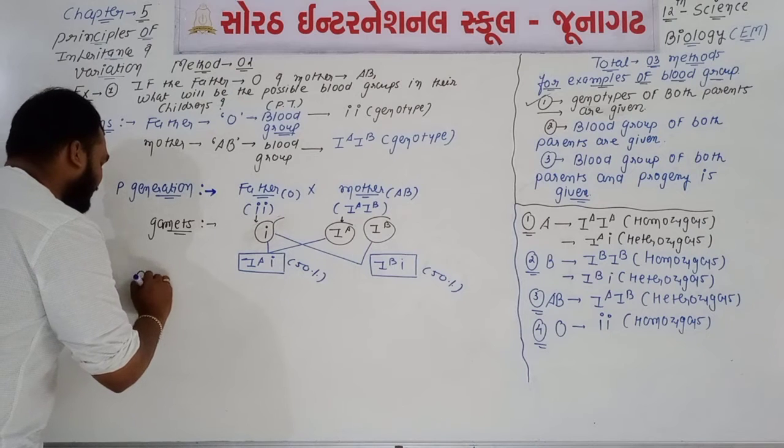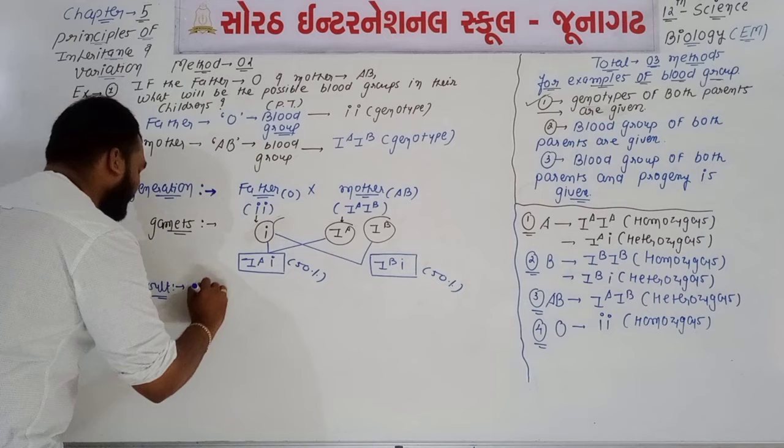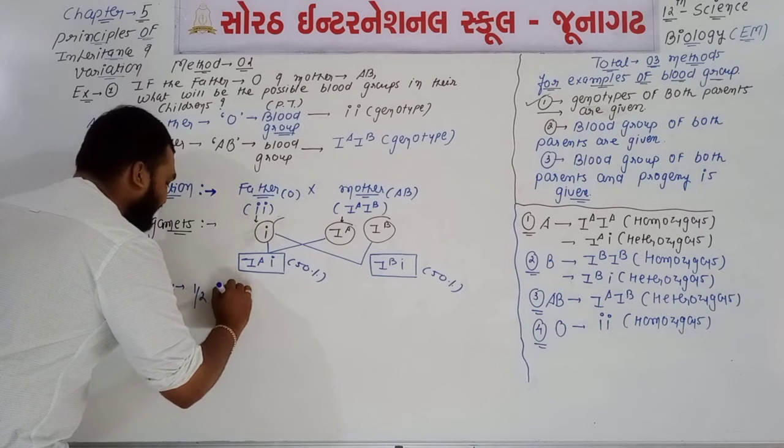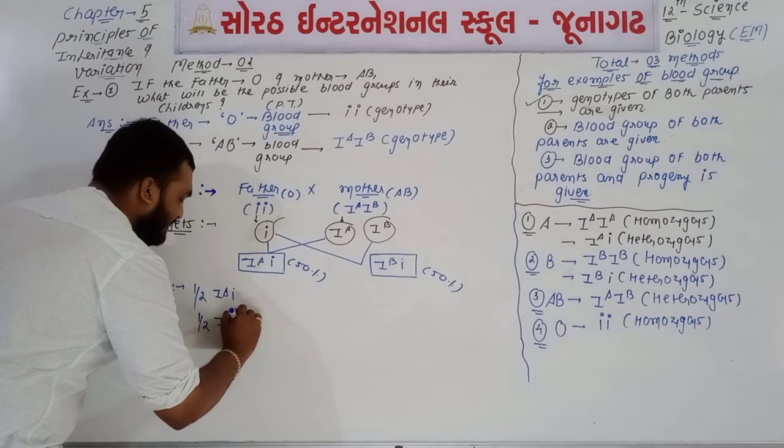What about the result? If we write the result, then we can say 1/2 IA small i to 1/2 IB small i.